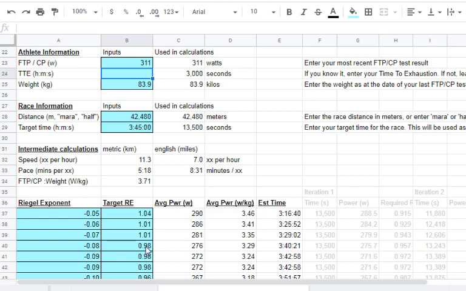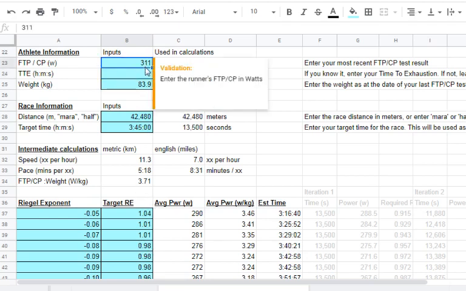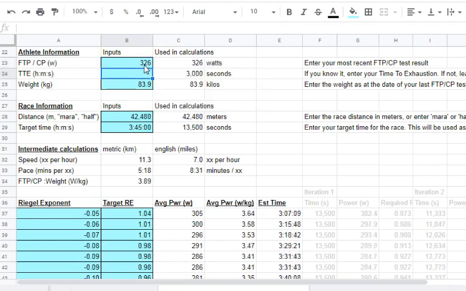Running effectiveness was about 0.98 and produces 340. And by playing with this, leaving everything else the same, we realize that this person's fitness level has to improve nearly 5%, up to 326 watts to achieve that.